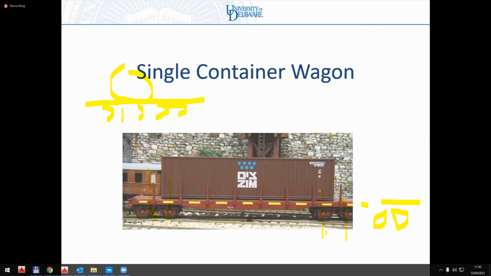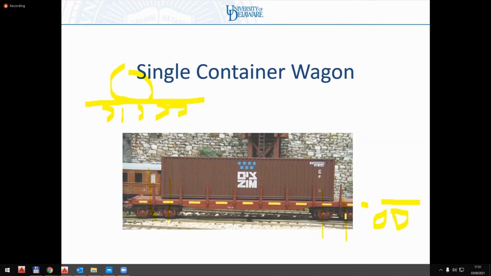So typically, depending on the kind of bogies we have, the distance between axles is usually of the order of 3 to 4 meters. Sometimes a little bit less depending on the design.